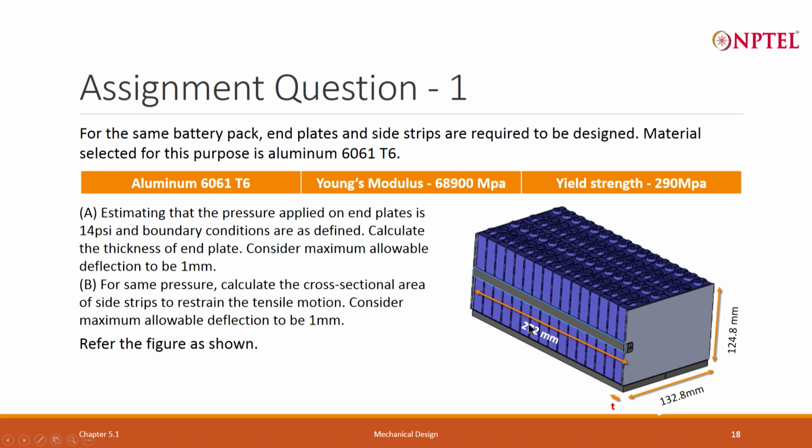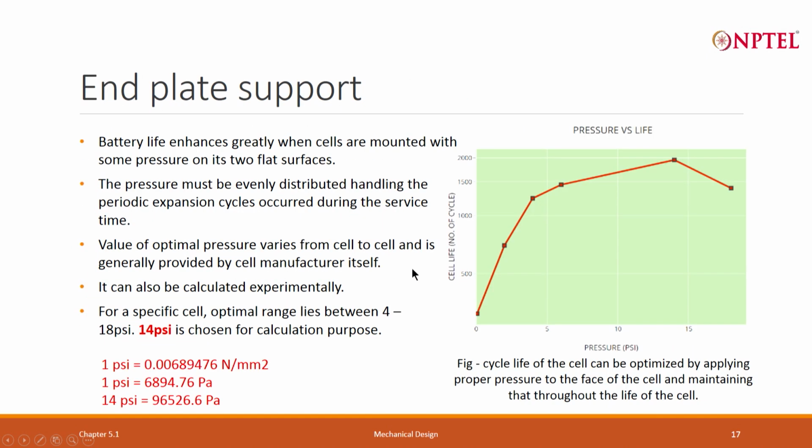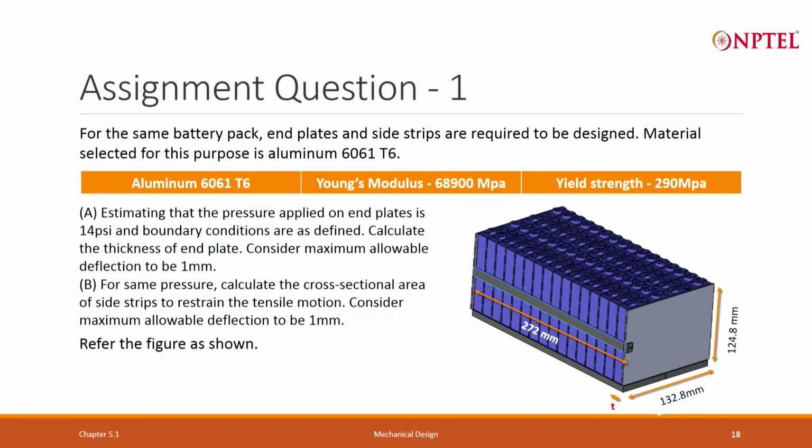We know the length, and we also know the pressure value. Please find out the thickness of the end plate, because the length and the width we already know. What we do not know is the thickness.